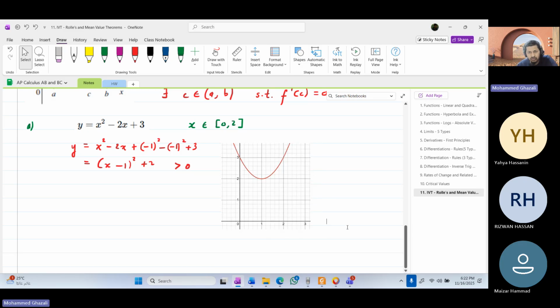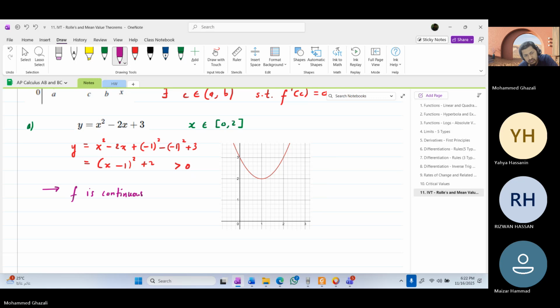Now, I want you to look at the interval. So here's my solution, f, right? We can see that the first two conditions hold. We say f is continuous on 0 to 2. We can see the function is continuous from 0 to 2.